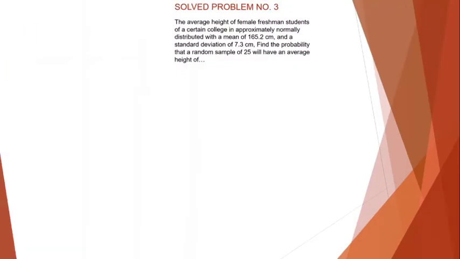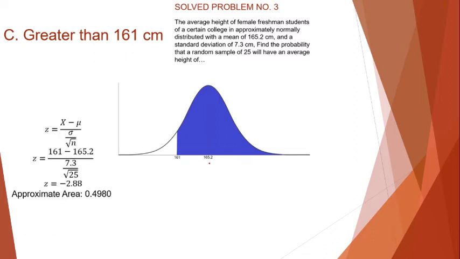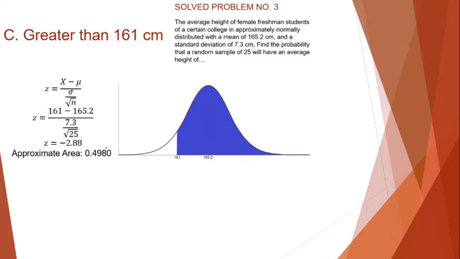Last one, greater than 161 centimeters. Ito, since 161 is less than 165.2. Ngayon, analyze natin later yan. Approximate area is approximate. Ito ang naging result nyo nung kinalculate nyo. Okay?